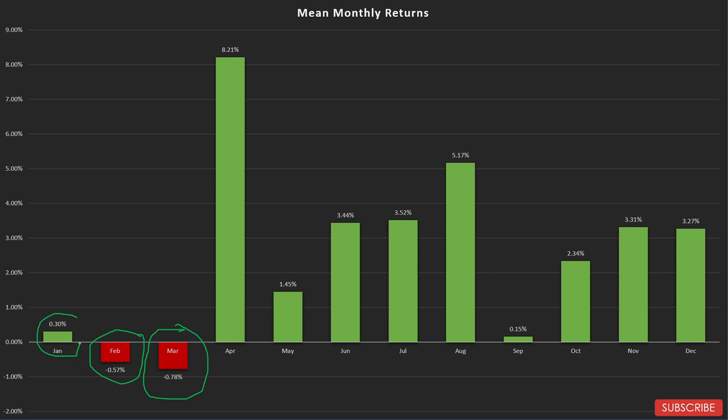Although January and September gave average positive returns, these returns are negligible. And there are a couple of very good months as well. April is a standout performer with 8.21% average returns in the last 10 years. August too is very good with 5.17%.